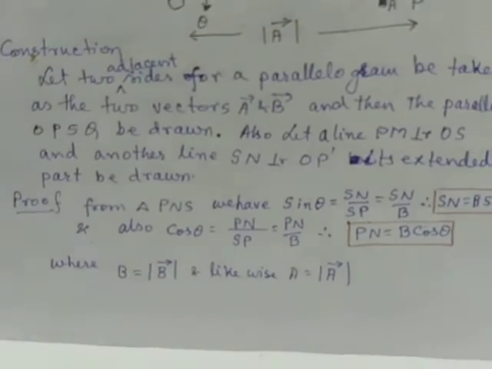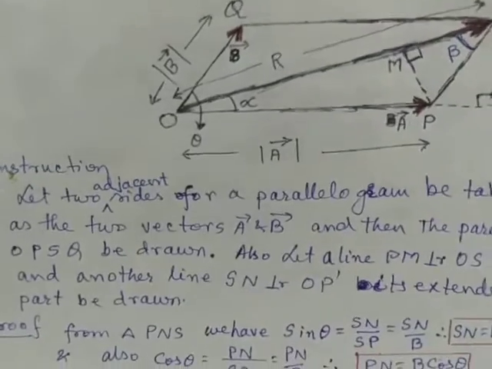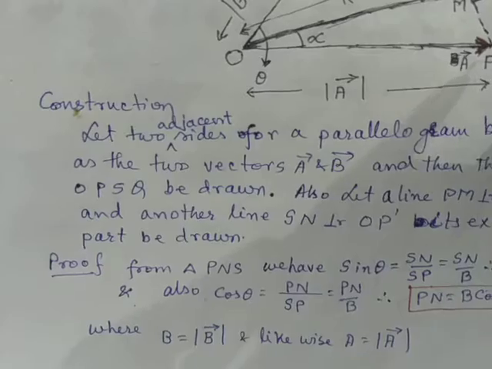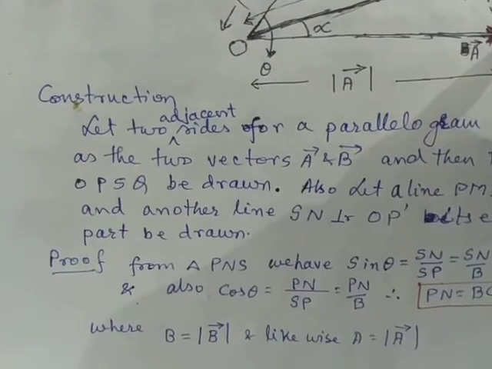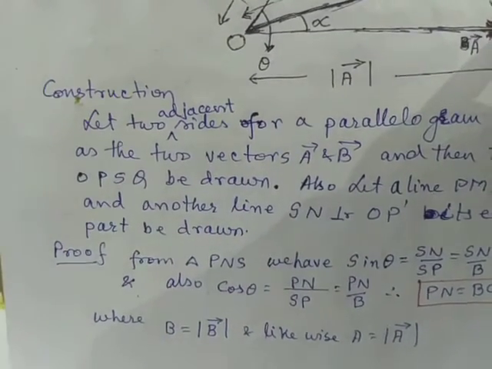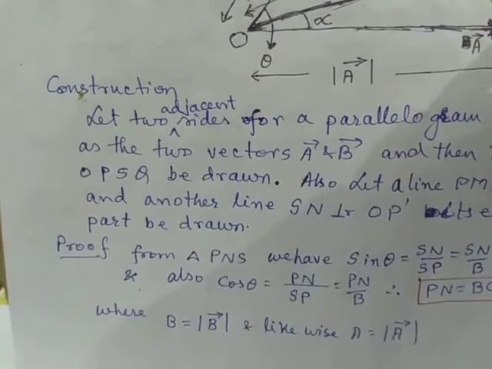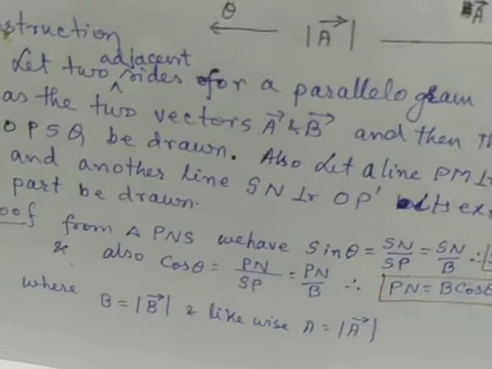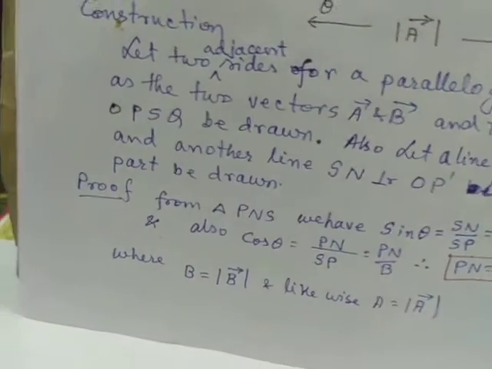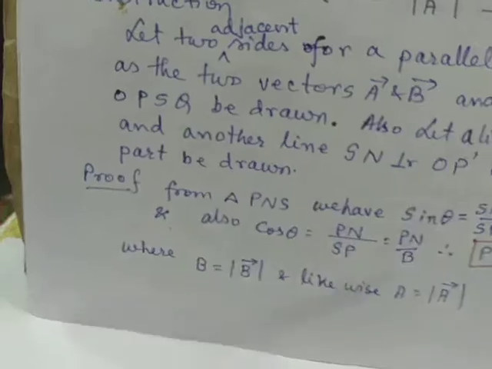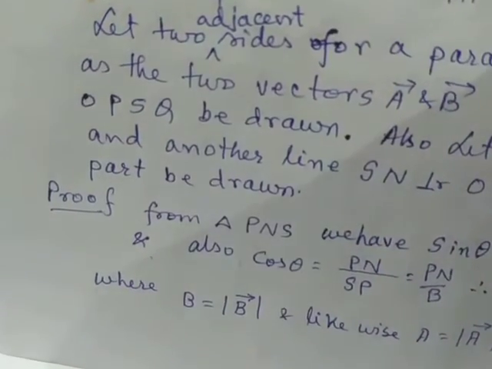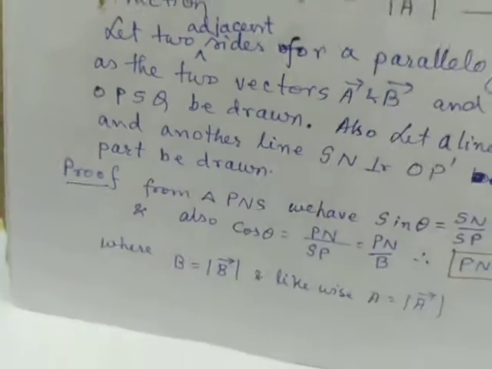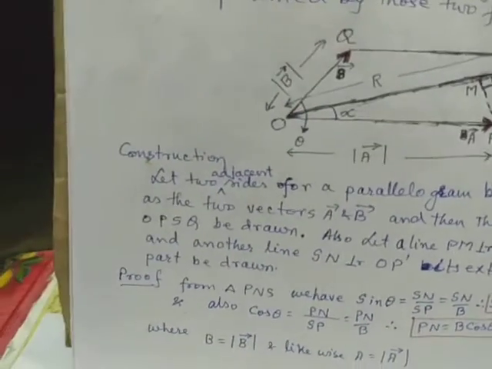That means here you have angle SPN equal to angle theta, because these two lines are parallel. OQ is parallel to PS, and therefore we must take angle SPN equal to theta.